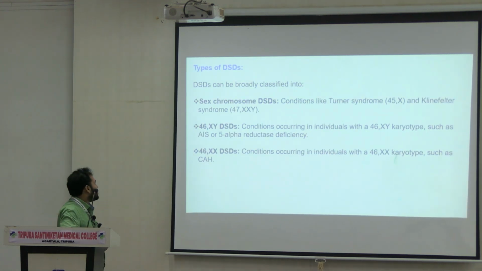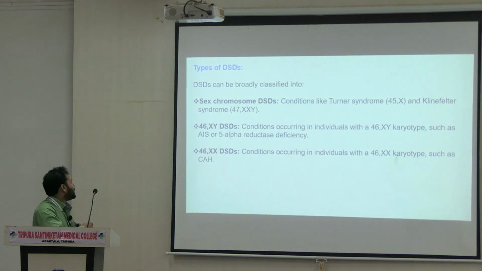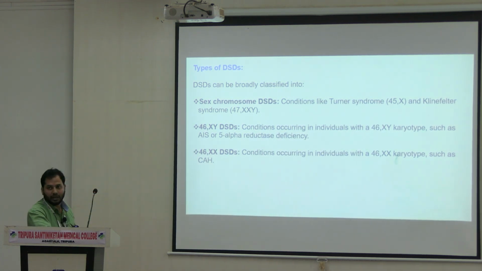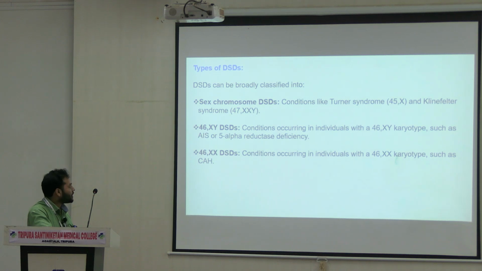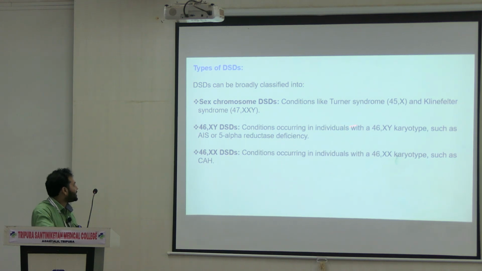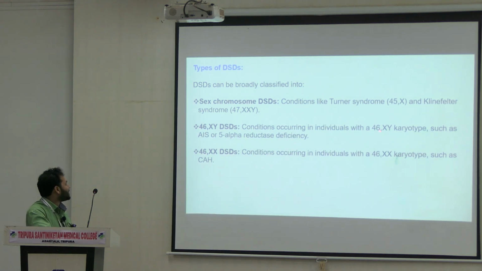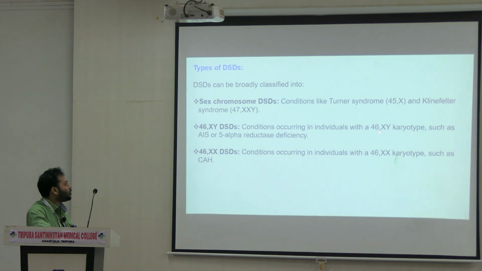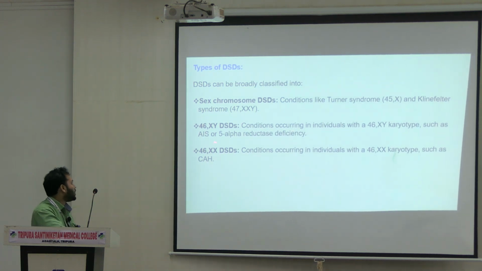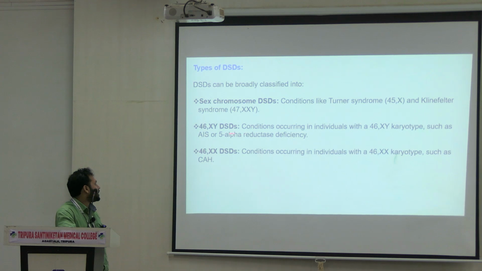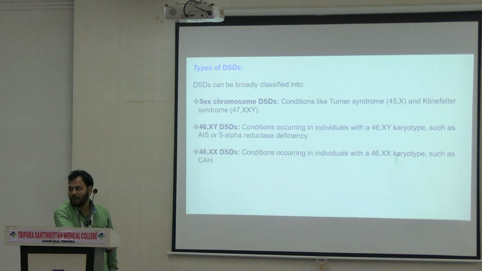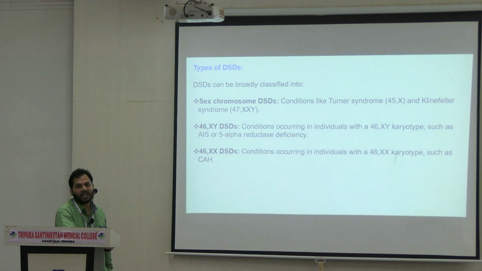Now, these are some information about the three major classes of DSD. In this particular condition, you can see the chromosome number changes, right? And here also you can see, though the karyotype is normal, due to the deficiency of this particular enzyme, there is an abnormality in the development of external genitalia in male sex.